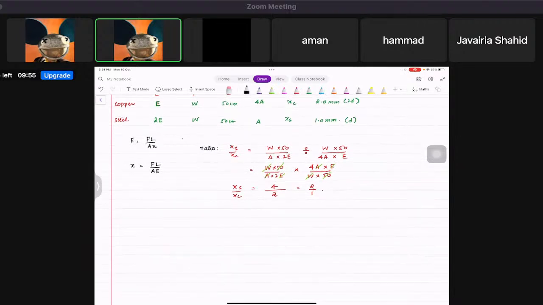Let's do an example. A metal wire of cross-sectional area 0.20 millimeter square hangs vertically from a fixed point.